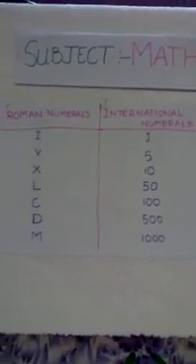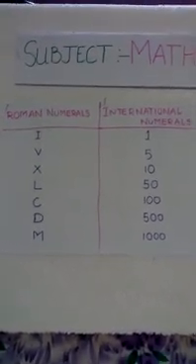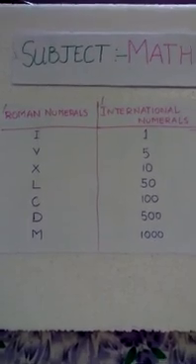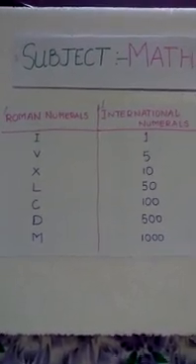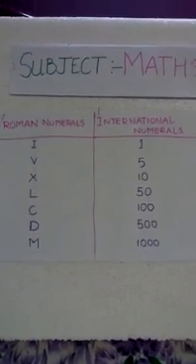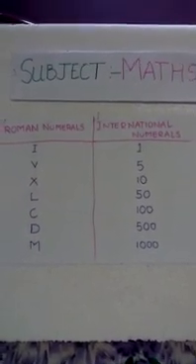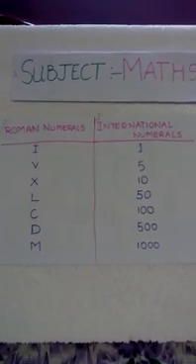As we have the symbols for number 1, 5, 10, we also have some more symbols for number 50, 100, 500 and 1000.